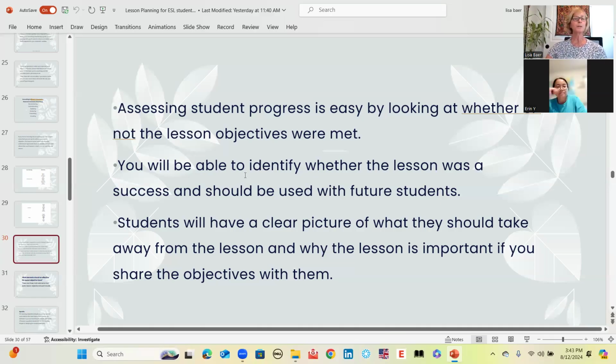Okay, so you'll be able to identify whether the lesson was a success and should be used with future students. Some lesson plans fail, you just check them. Don't let them get mixed up in things that have been successful. Just keep using the ones that are successful. And the more experience you have, the more creative you'll be, and you can venture off of that lesson plan into something that pops into your head.